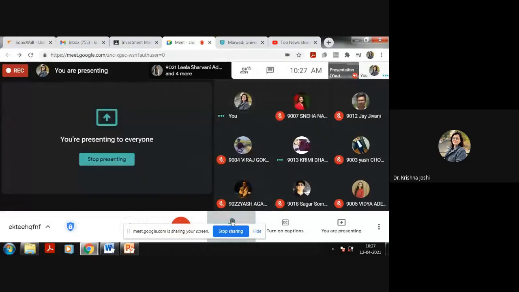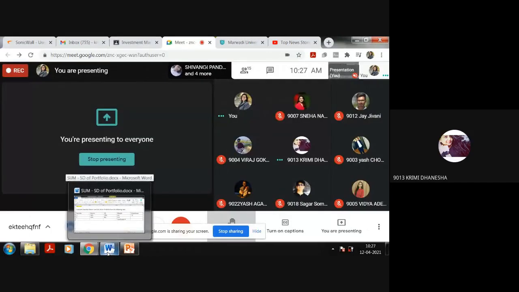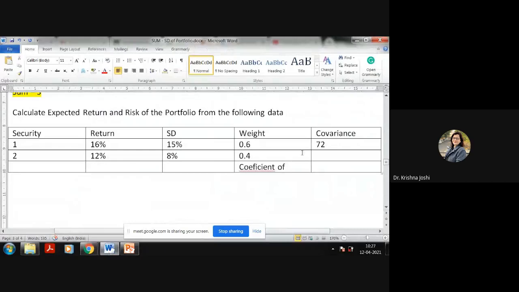Tell me, what is the formula to calculate the coefficient of correlation? Covariance of A and B divided by standard deviation of A multiplied by standard deviation of B. Very good. So how will we calculate the coefficient of correlation?